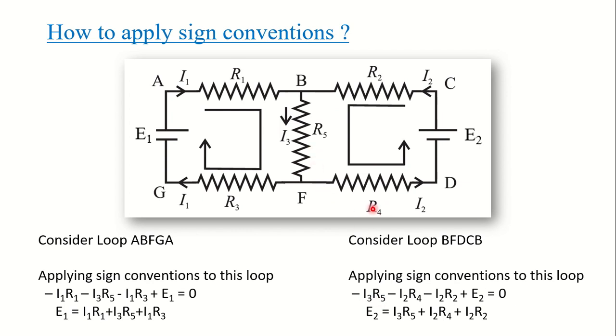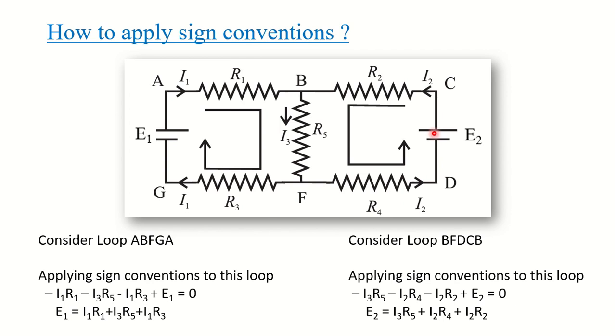Now the resistor R4. This is the next path. Through resistance R4, the direction of current and the direction of the loop are both the same, so the potential drop across R4, that is I2 into R4, also must be negative.